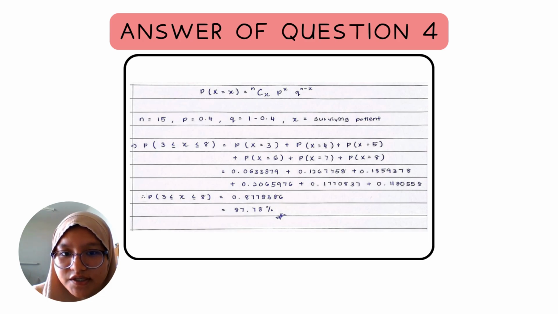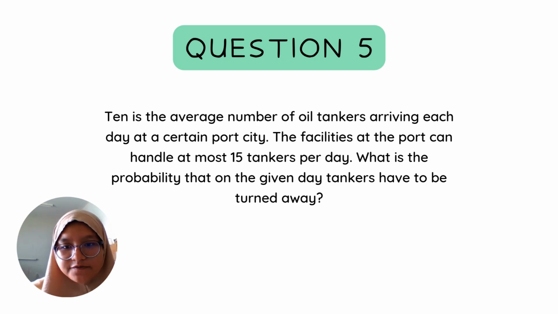So for n, it is 15, p is 0.4, q is 1 minus 0.4, and x is the surviving patients, which is 3 to 8 patients. So using the formula, we will get the value for each number of surviving patients, and then we sum them up. It will be 87.78%.